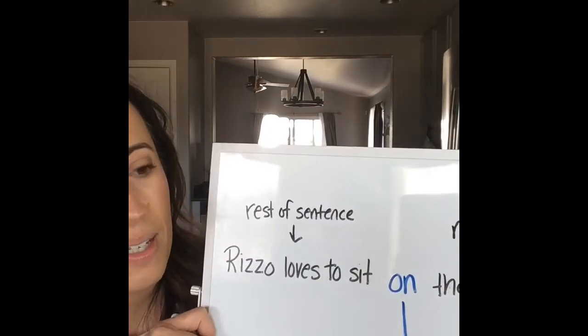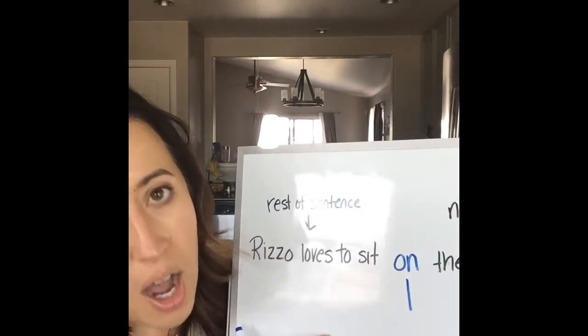So today we're actually going to use not just prepositions, but prepositional phrases. And all that is when you take that preposition and you add a noun to it. So let me go back to the preposition on. In my sentence, it's Rizzo loves to sit on the chair.